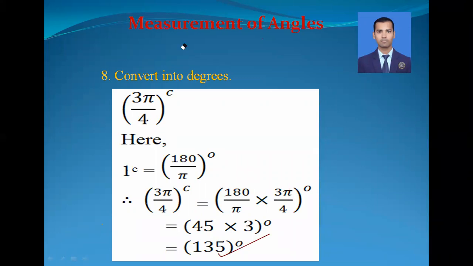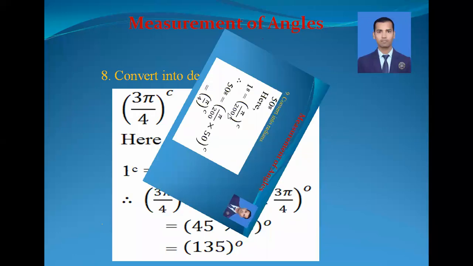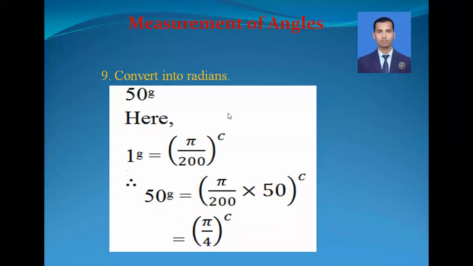Similarly, come to question number 9. As we have given in question number 9, convert into radian measurement. We have converted degree into radian and radian into degree as well. In the same way, we should convert grade into radian and radian into grade.